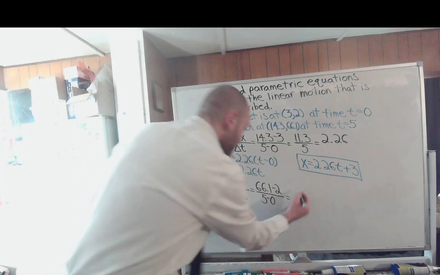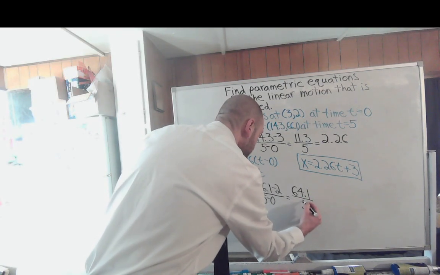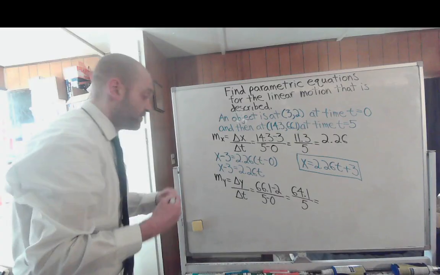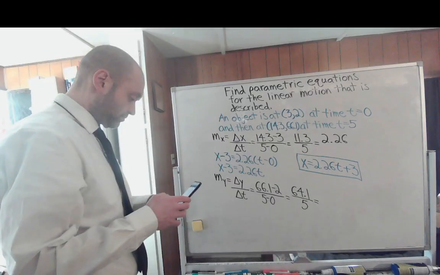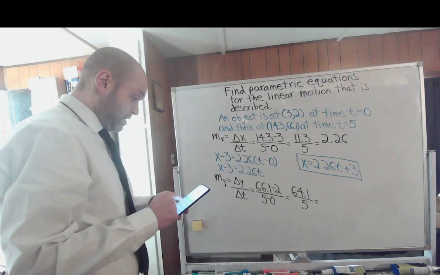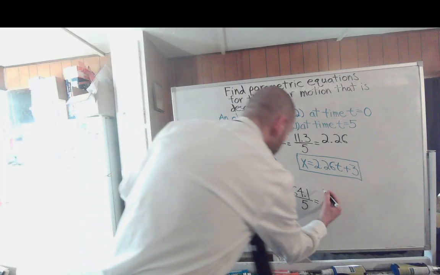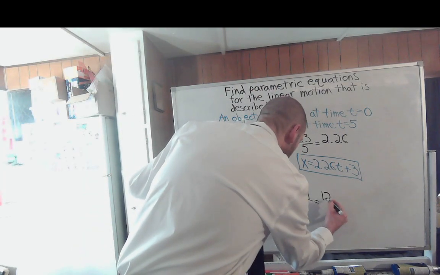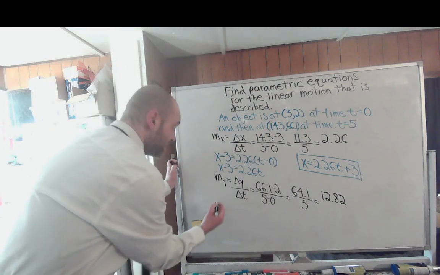Well, that's literally going to give me 64.1 divided by 5, which gives a value of my slope for y. I get 12.82. So the slope of my y line is going to be 12.82. Now I can find that equation easily.